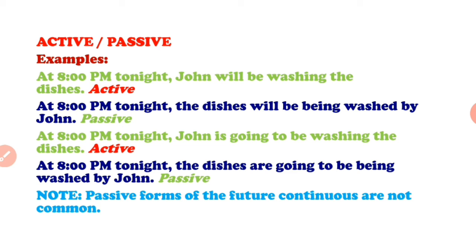Next, at 8 p.m. tonight, John is going to be washing dishes. Active. At 8 p.m. tonight, the dishes are going to be being washed by John. But here, students, you can check. In both passive sentences there is be being, and I think it's very odd, not very common.